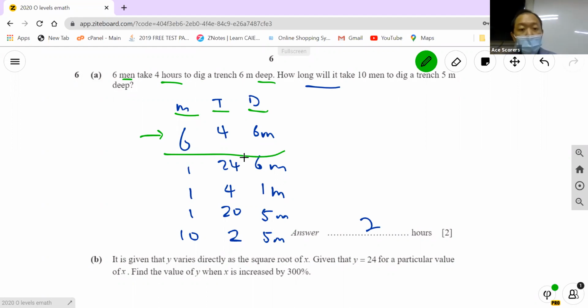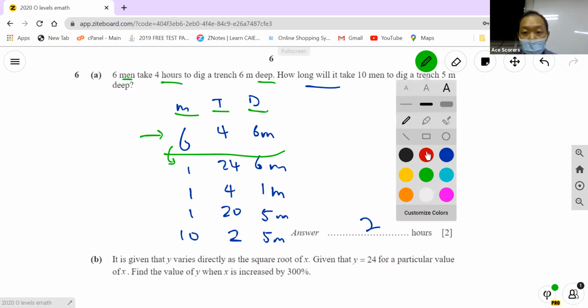Okay, for example, you see here from 6, I reduce to 1. If I reduce the number of men, the time will increase because it's inverse. Less people means more time.